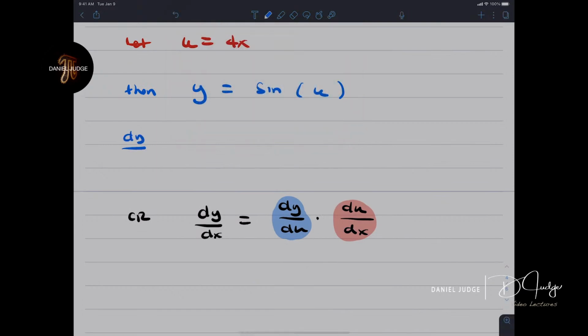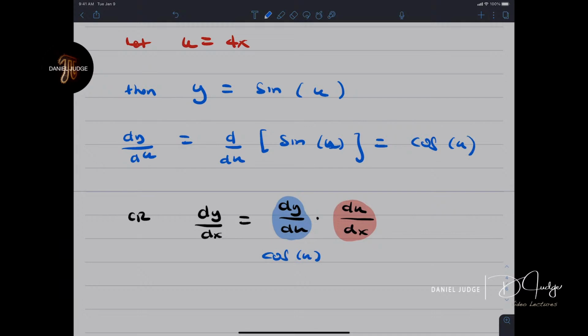So dy du is the derivative of the sine function. That's sine u. Derivative of sine is cosine. So this portion here is cosine.